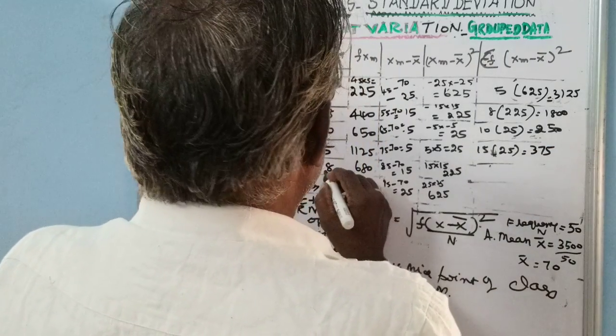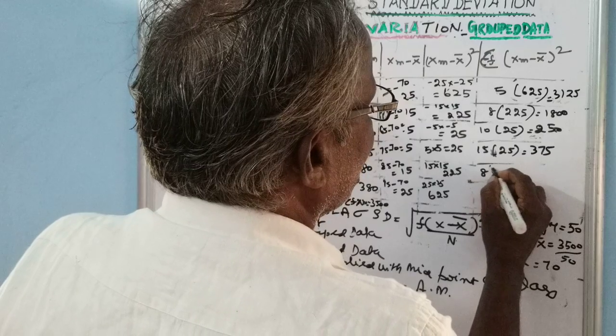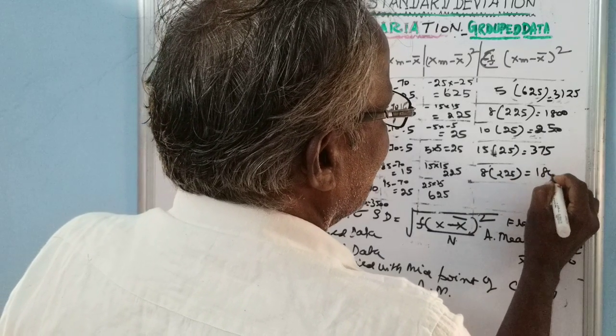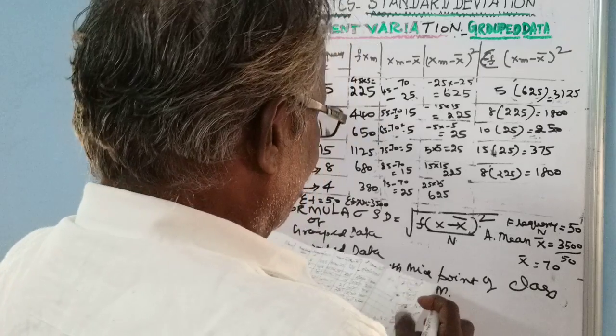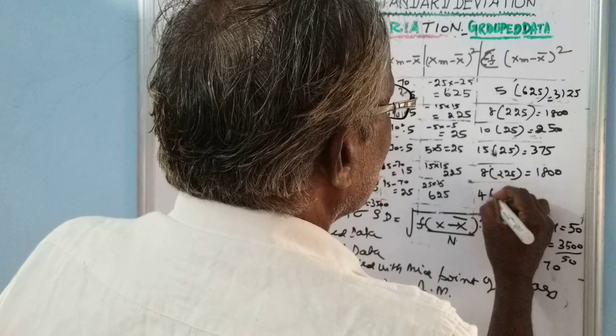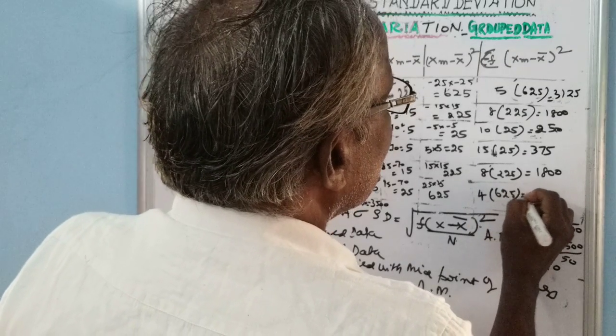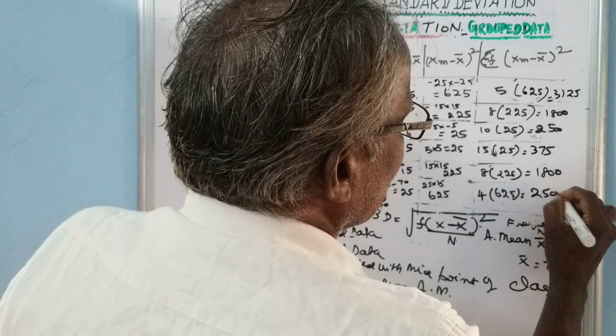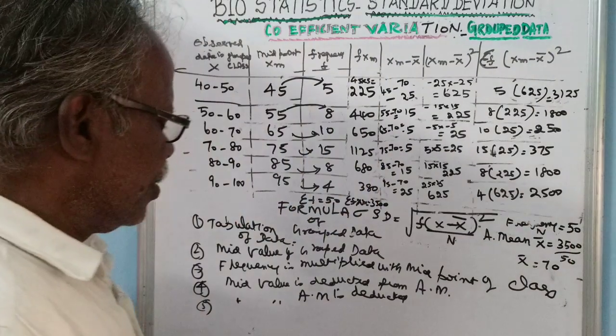Then frequency 8 into 225, that is 1800. Then 4 into 625 is equal to 2500. So up to this we have found out.